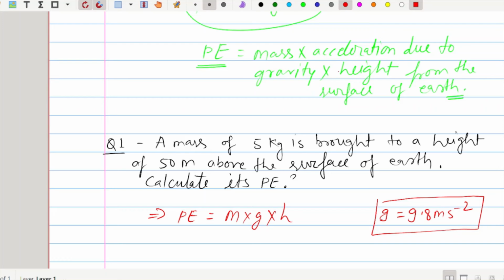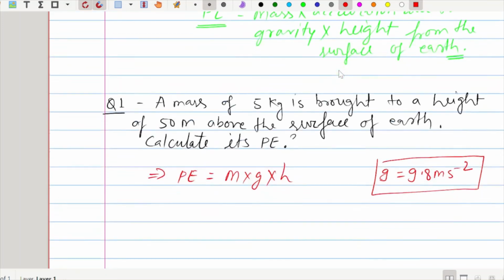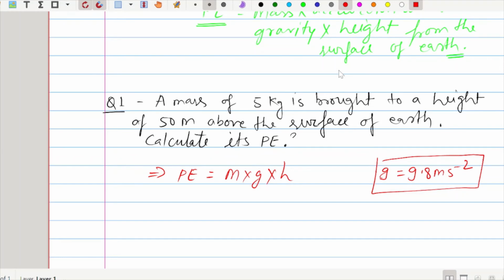I'm saying almost the same, though it varies with height and from place to place. So now I'm substituting the value: PE is equal to the value of mass, which is 5, the value of acceleration due to gravity 9.8, into what is height now?